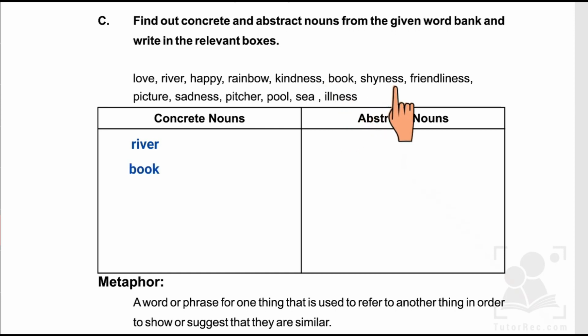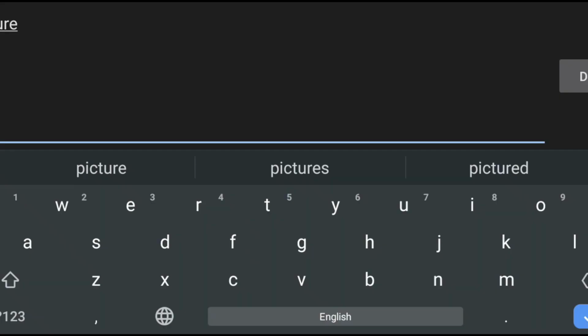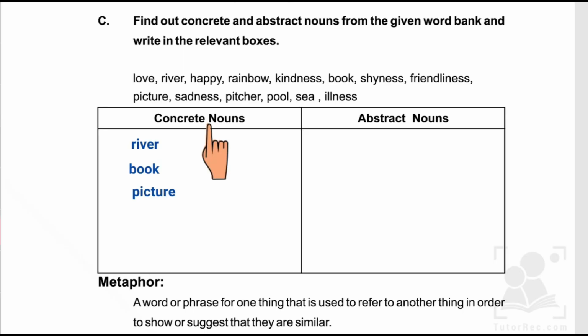Then shyness, friendliness, picture, concrete noun. Then sadness, picture, pool, concrete nouns. Sea also concrete. So all these are the concrete nouns.